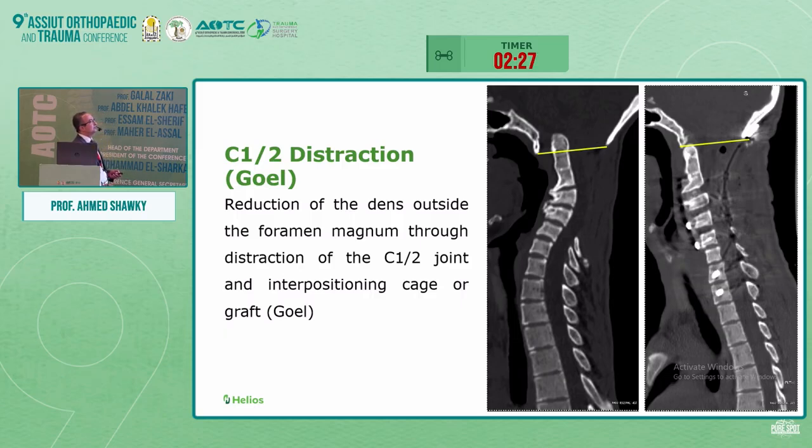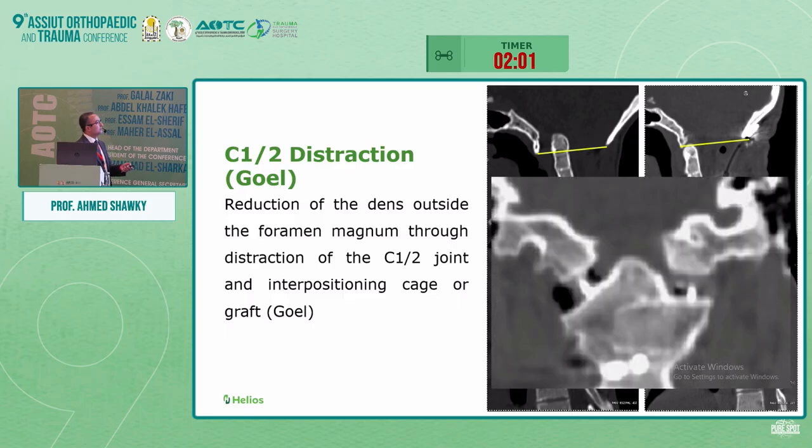He was operated at a younger age by our colleagues in neurosurgery with posterior laminectomy, and he has a very kyphotic deformity at the subaxial spine. He was operated in 2 stages, first with multiple-level ACDFs to correct the subaxial spine. And then we went for what we call a C1-2 distraction fusion according to Goel-Harms.